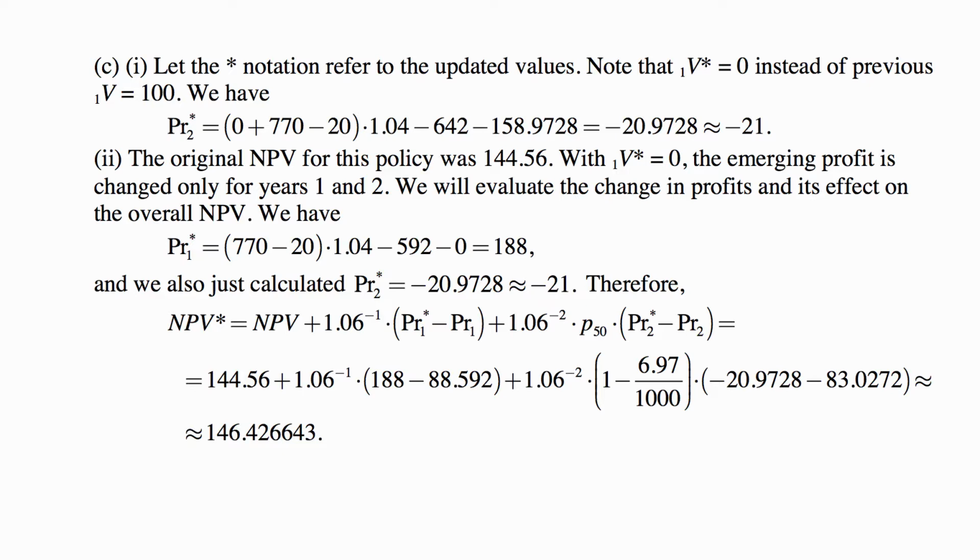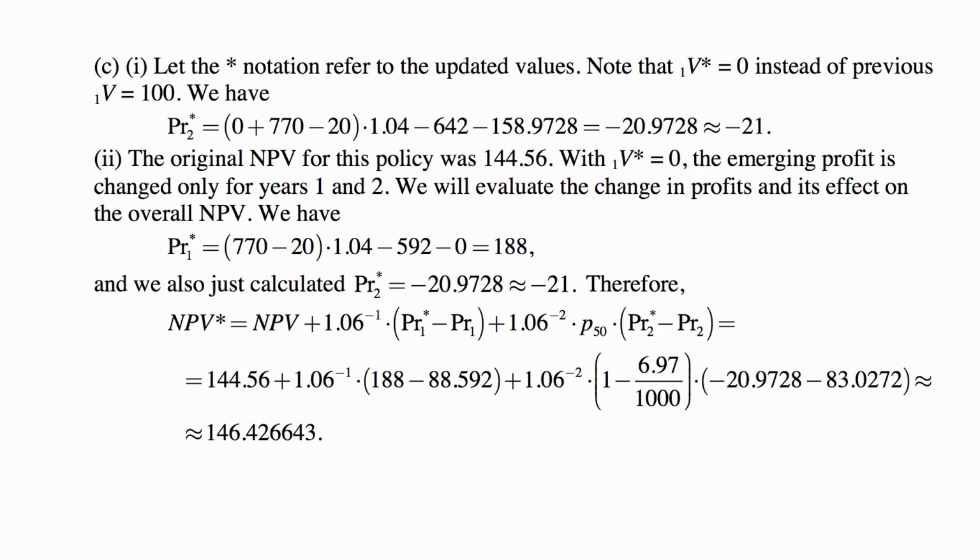With this reserve being 0, the emerging profit is changed only for years 1 and 2. We'll evaluate the change in profits and its effect on the overall net present value. We have the profit for the first year, the 770 minus 20 times 1.04 minus 592, everything as before, but now the reserve is 0 at time 1, so the profit is 188.